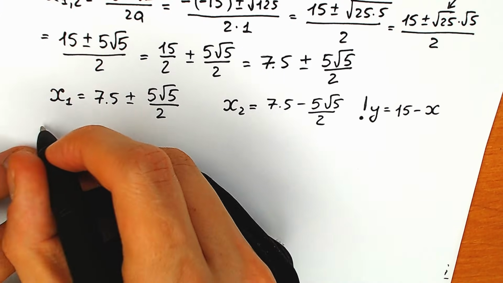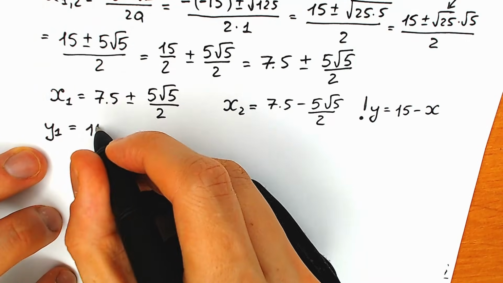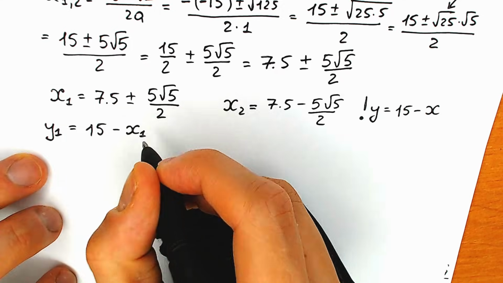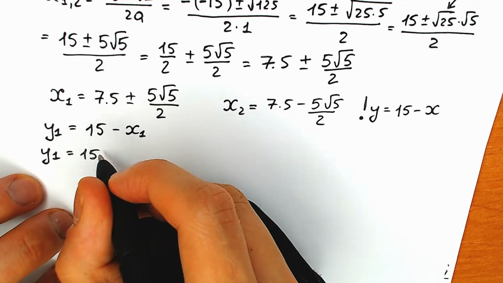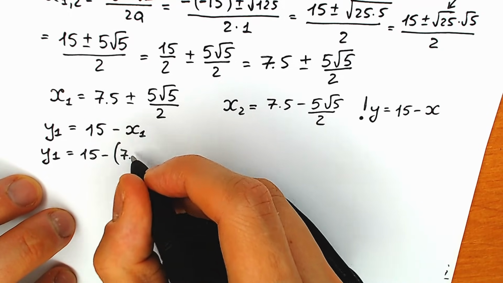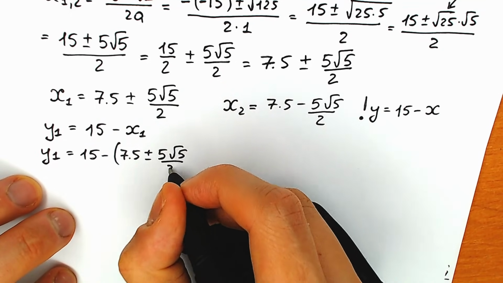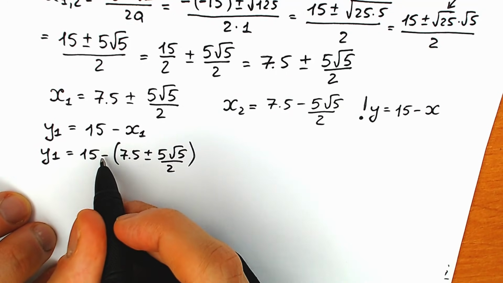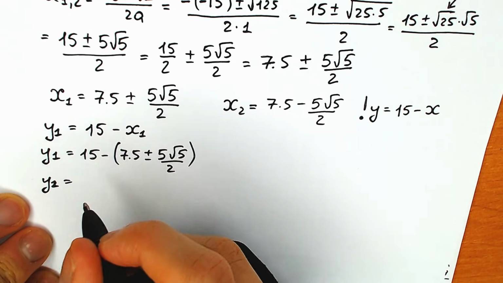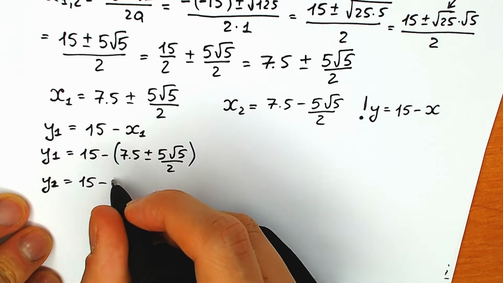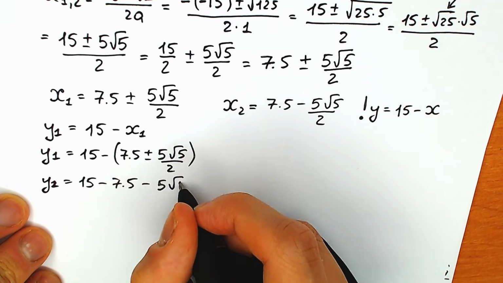So y first equal to 15 minus x first. So y first equal to 15 minus this x first, so we have 7.5 plus 5 square root of 5 over 2. Right now let's multiply this minus 1 by this parenthesis, so we need to change all these signs. So y first equal to 15 minus 7.5 and minus 5 square root of 5 over 2.